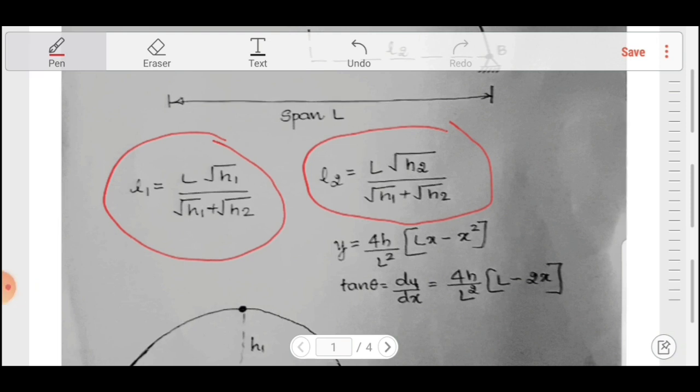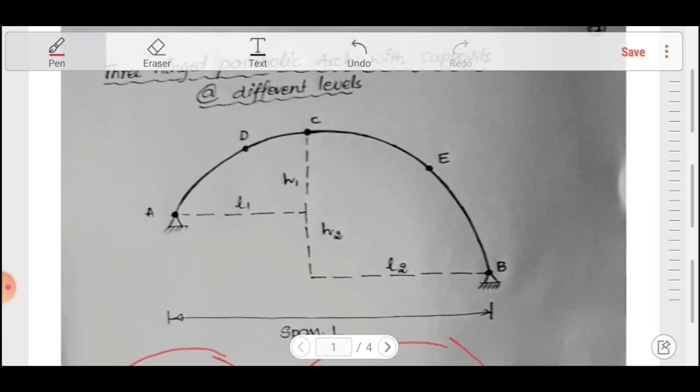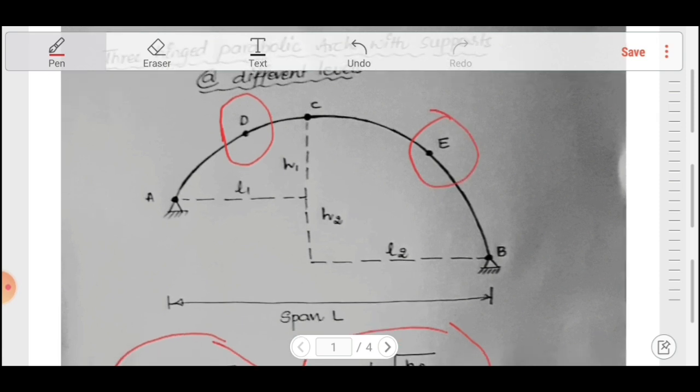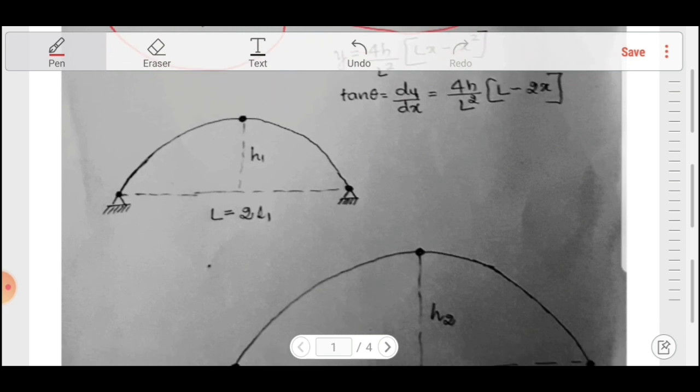So the next part of what you need to understand here is the points D and E. If in the problem they ask you to calculate the normal thrust and radial shear at point D and at point E, what you have to do is, for example, if you consider point D, you need to consider that particular point in this particular arch. Now this is your point D here.